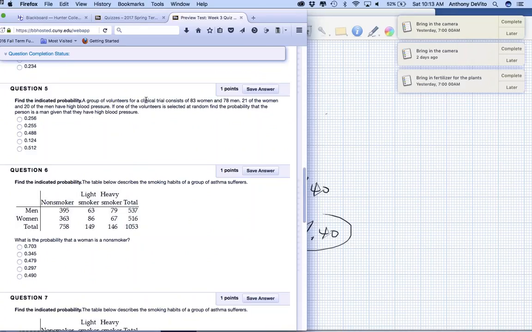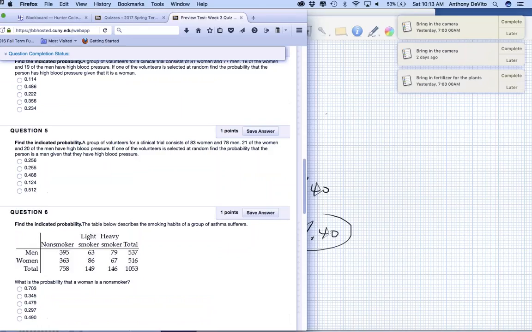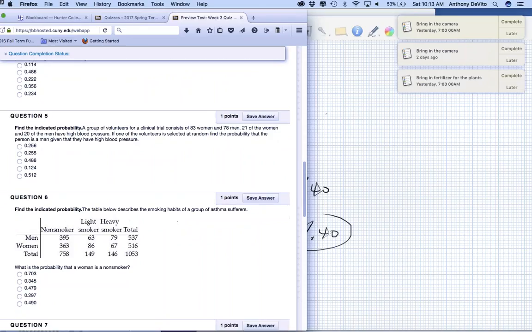Find the probability. A group of volunteers for a clinical trial consists of 83 women and 78 men. 21 of the women and 20 of the men have high blood pressure. If one of the volunteers is selected, find the probability that the person is a man, given that they have high blood pressure. We kind of twisted it around a bit, right? So we know how many people in this population have high blood pressure, right?